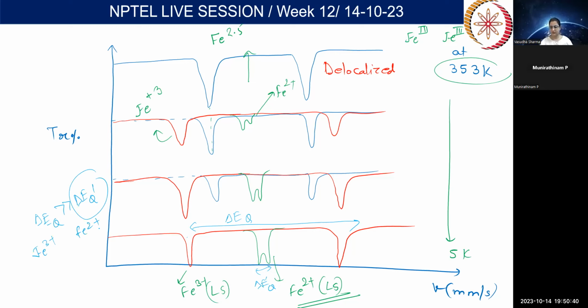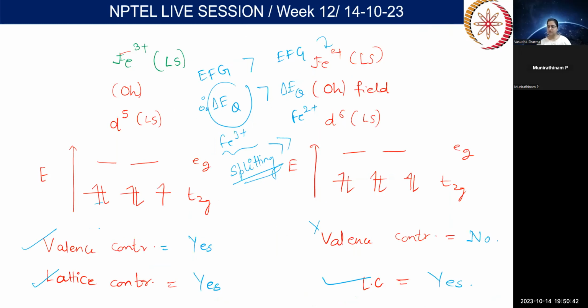Clear, ma'am. Okay. Now we can shift to another example. We have example number 11, which we have already discussed, I think, in the session before last. We were having iron-sulfur clusters.